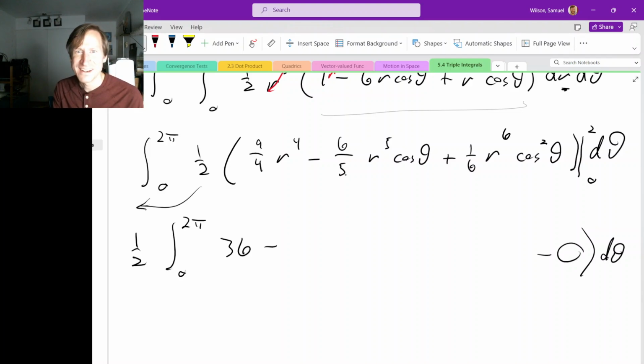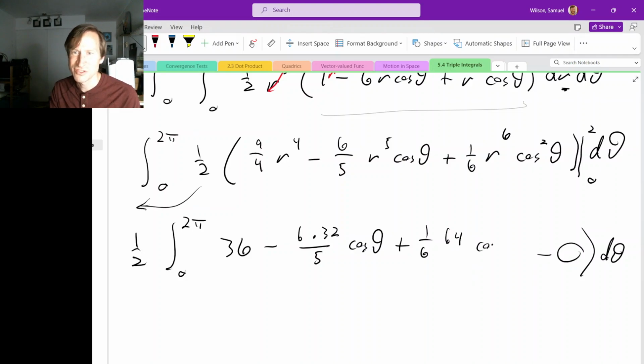Okay. 6. Oh man, now the numbers are getting big. 2 to the 5th is 32. 6 times 32 over 5 cosine theta plus, oh man, 1 over 6 times 2 to the 6th, that must be 64, times cosine squared theta.